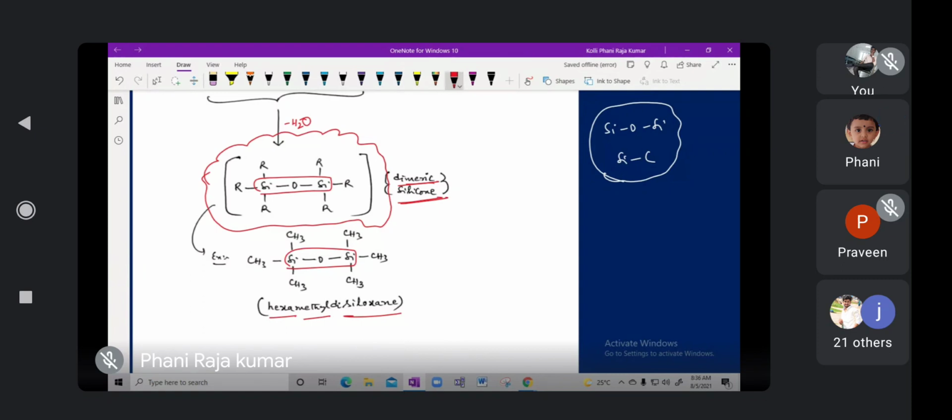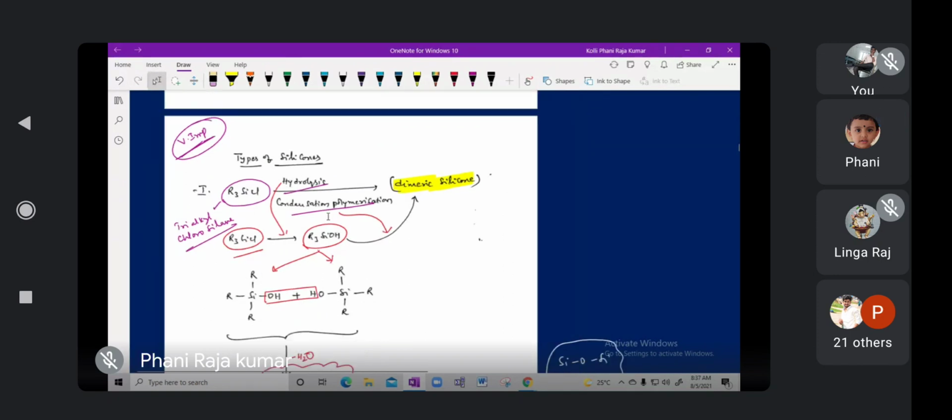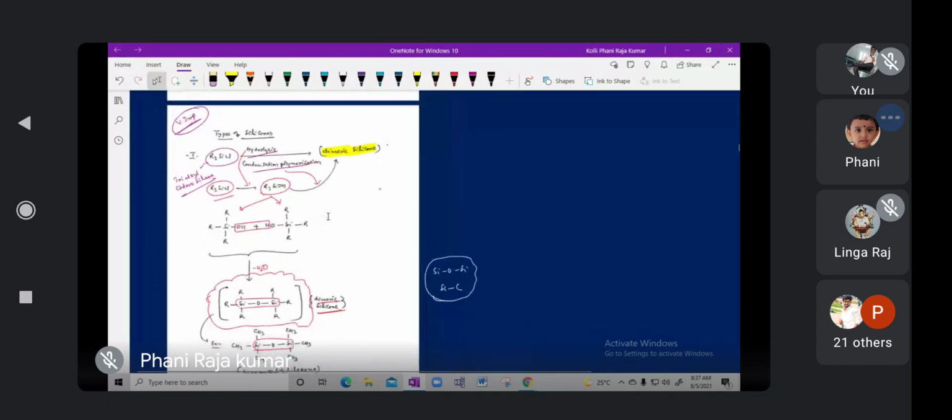Hexamethyl disiloxane, a type of dimeric silicone, is obtained from this type of organosilicon chloride, trialkyl chlorosilane, R3SiCl. This is the first type of silicone: dimeric silicones formed by R3SiCl, trialkyl chlorosilane.